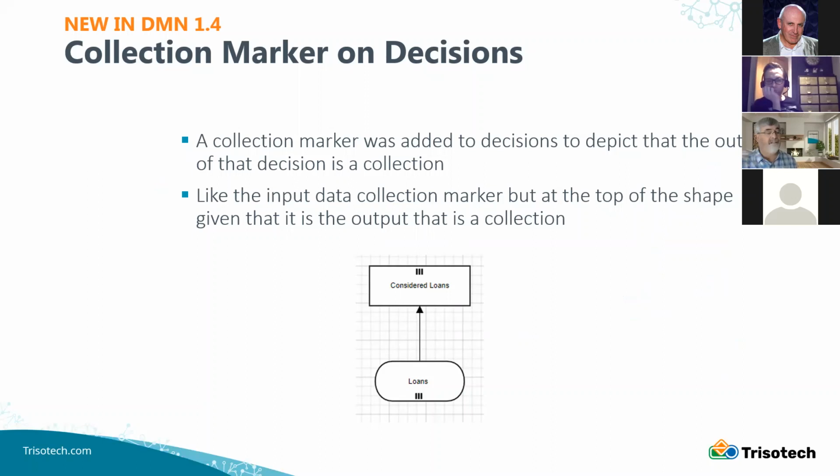It doesn't mean that this decision does anything in terms of its behavior. It just means that the result of this decision is going to be a collection. And as you're doing more and more DMN and you start dealing with collections, this information on your DRD is very interesting. Even if you're not doing the logic, to be able to grasp from a visual DRD where there are collections involved and where the data is being worked over is very insightful.